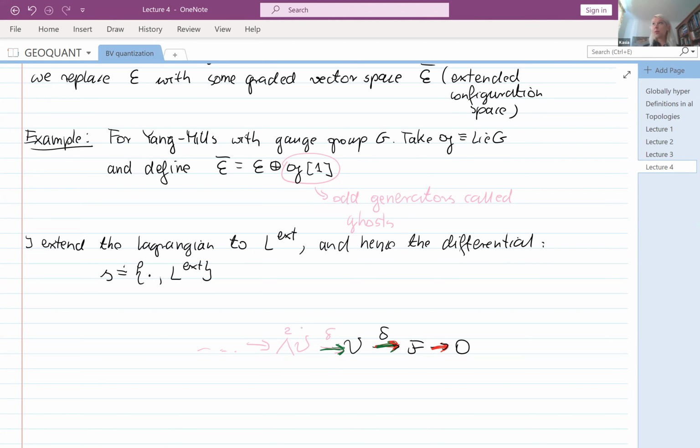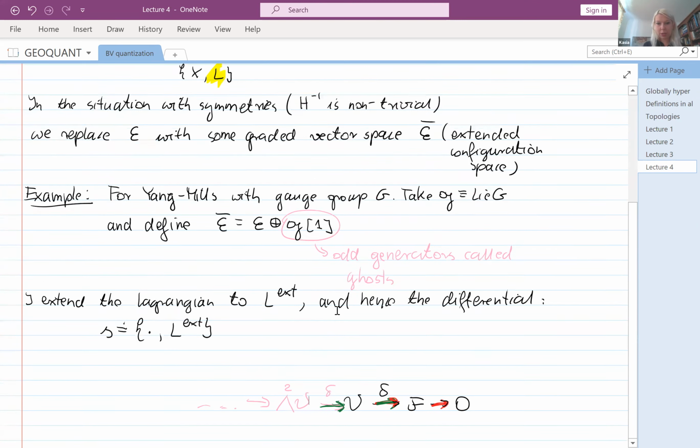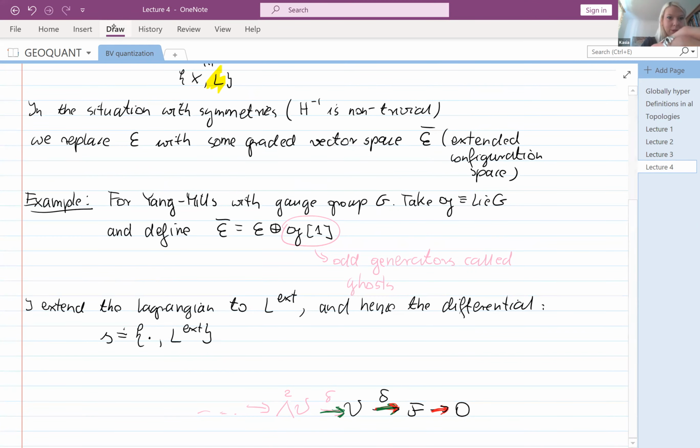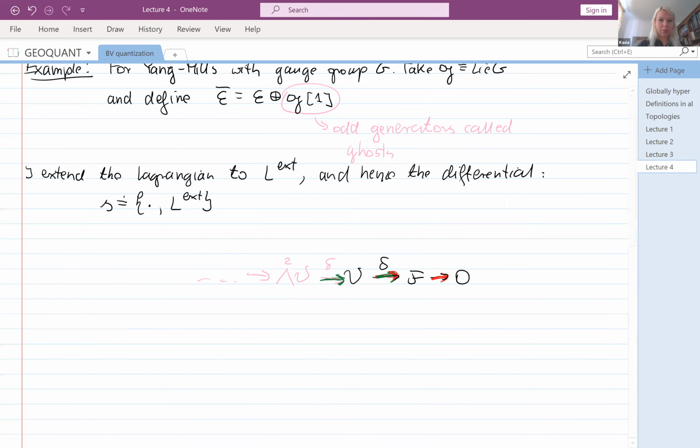Yeah, so one thing to notice is that here we have an odd symplectic structure. So here is maybe a note, by the way. We have an odd symplectic structure. And this is, well, essentially on this space, on this odd cotangent bundle, right?